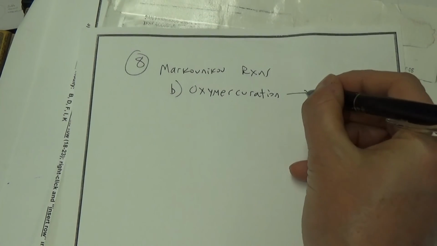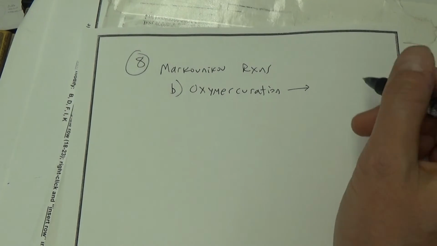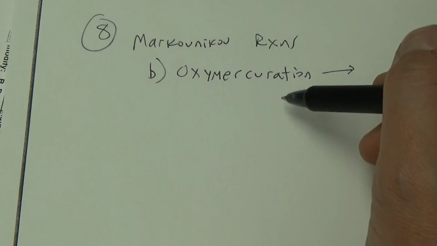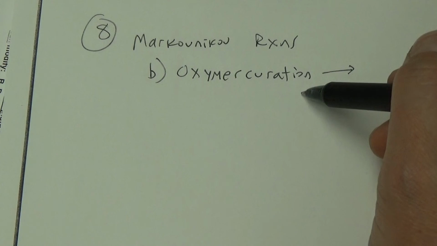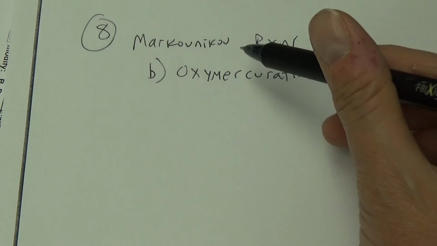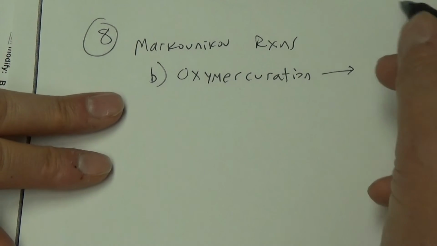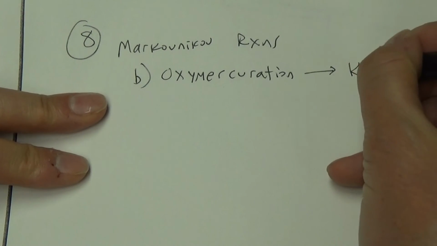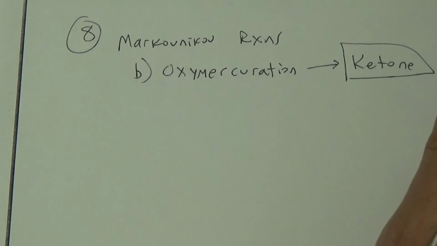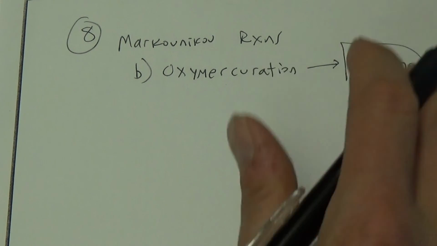But for an alkyne, what was the product of the Markovnikov oxymercuration of an alkene? It was an alcohol, right? But with alkynes, the product's a ketone, so it's going to be a different functional group. Now we're learning new ways to make functional groups. Make a ketone, all right?